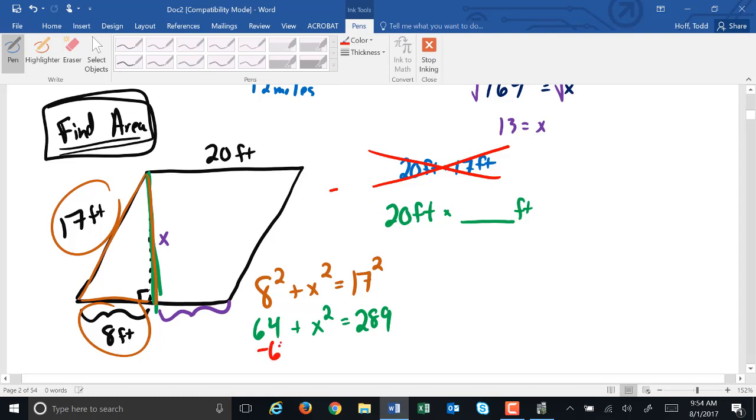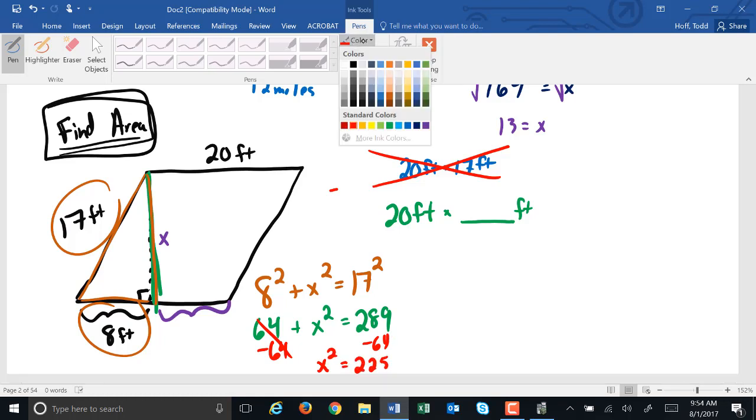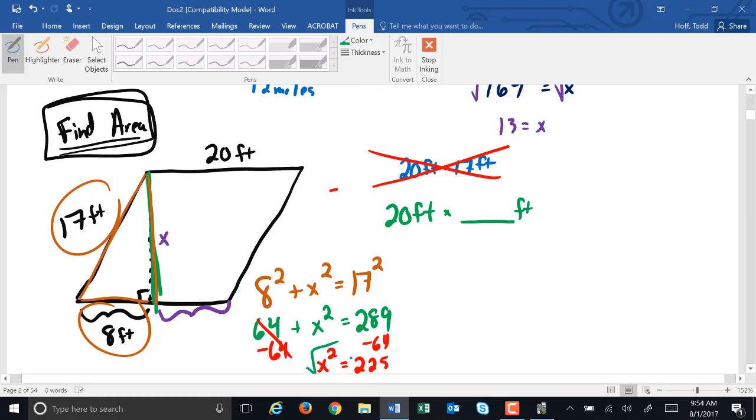So now we subtract 64 to get that x squared is 225. And we square root. X is 15 feet. So it's 20 feet times 15 feet, which is 300 square feet is this area.